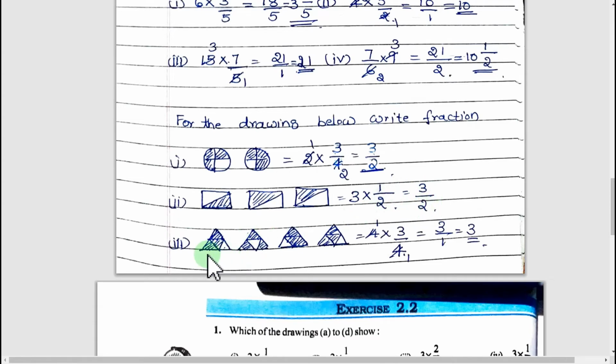Now see here, third example. Here 4 triangles are there. 4 into. Now how many? This triangle is divided into how many equal parts? 1, 2, 3 and 4. That you write in the denominator. And how many parts are colored? 1, 2, 3. 3 parts are colored in all the 4 figures.